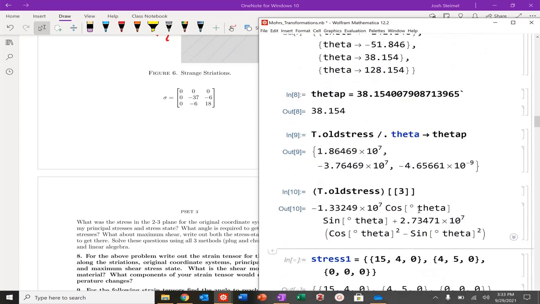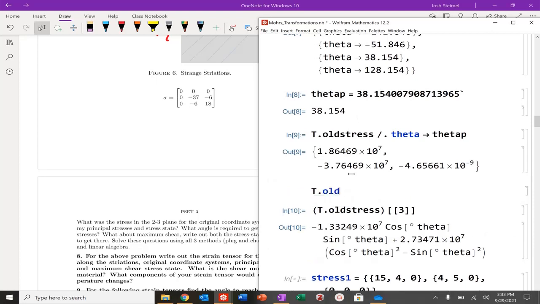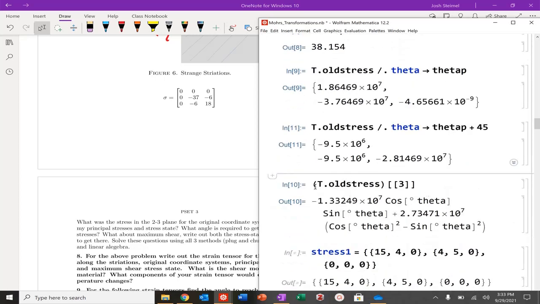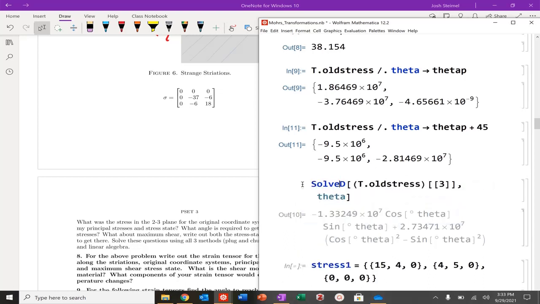If I'm in that principal stress state, then I need to go an additional 45 degrees, so we could try this. Let's do T dot old stress with theta going to theta P plus 45. We should be able to get that, but let's double check it. If I want to maximize my shear stress, I'm going to take the derivative of this with respect to theta and solve for theta.